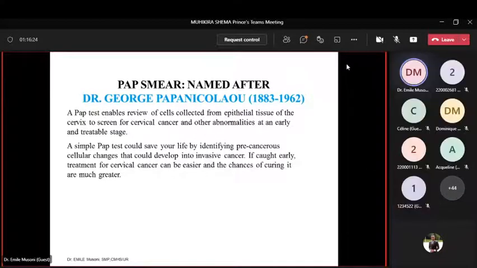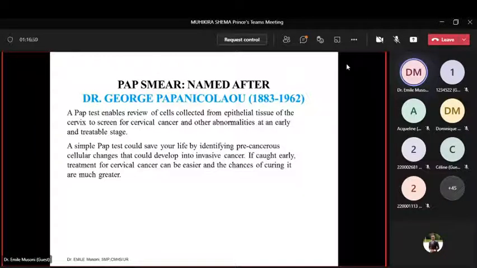The Papanicolaou stain is named after a doctor called George Papanicolaou, a Greek. He is the one who discovered that type of pap smear. Pap smear is used for screening of cervical cancer. We'll see it in gynecological pathology.